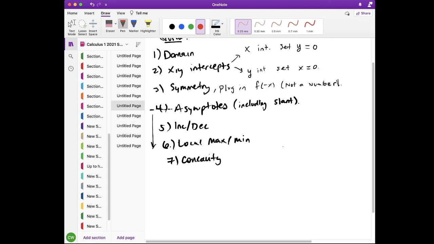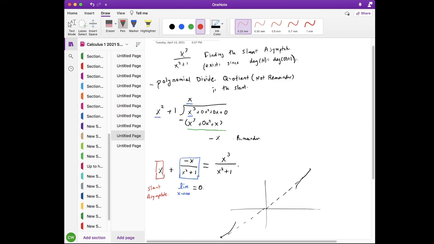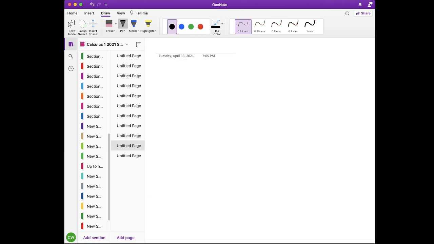So now let's do increasing and decreasing. And we can throw in local max and min here because we can use that. Okay, how do you find increasing, decreasing, local max, and local min?